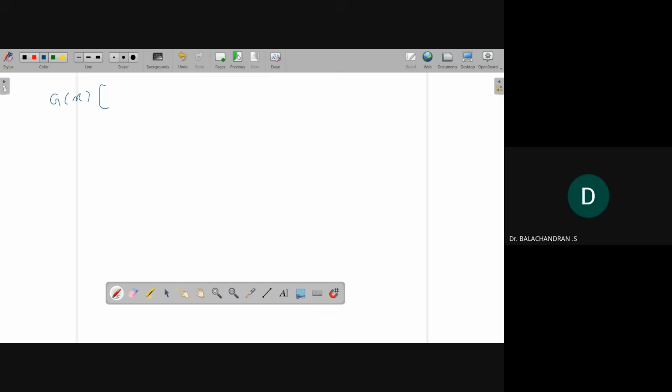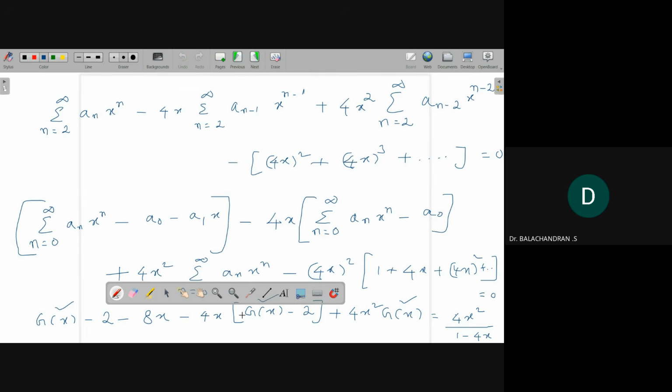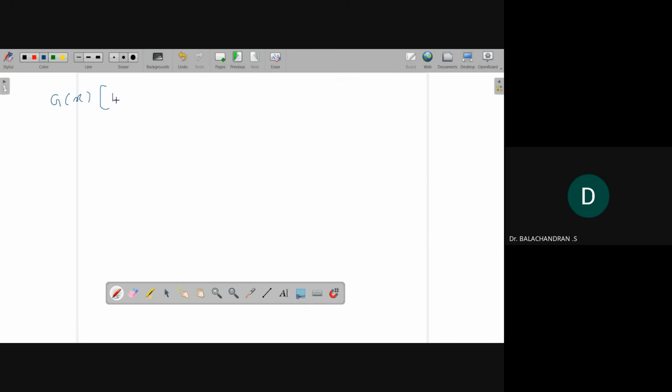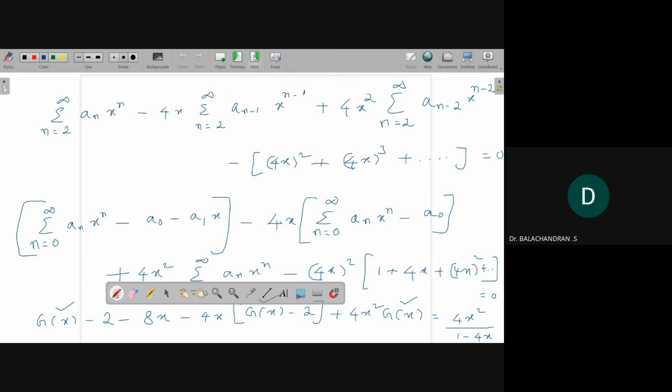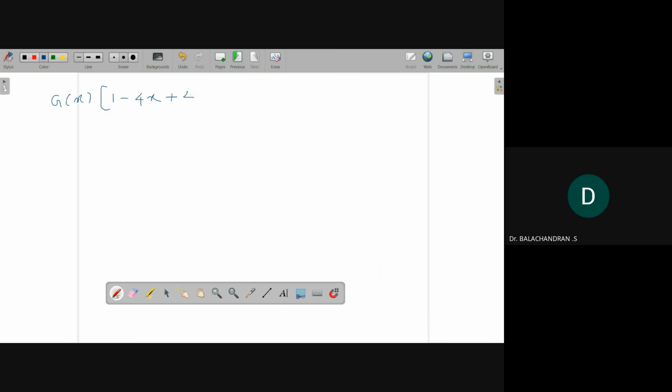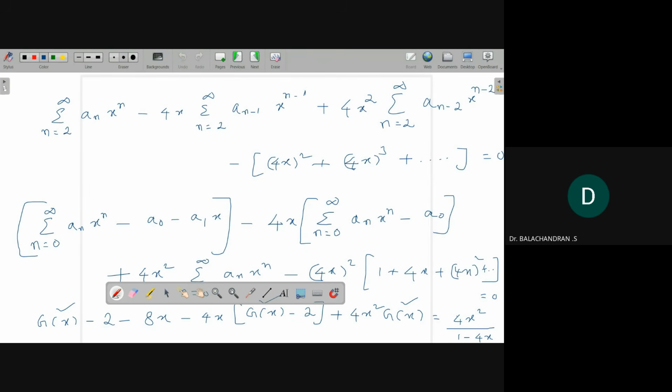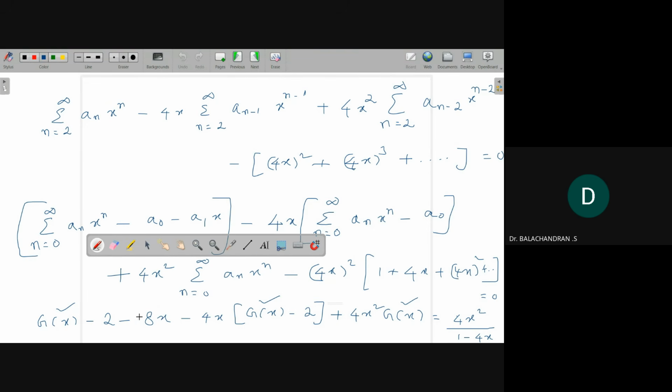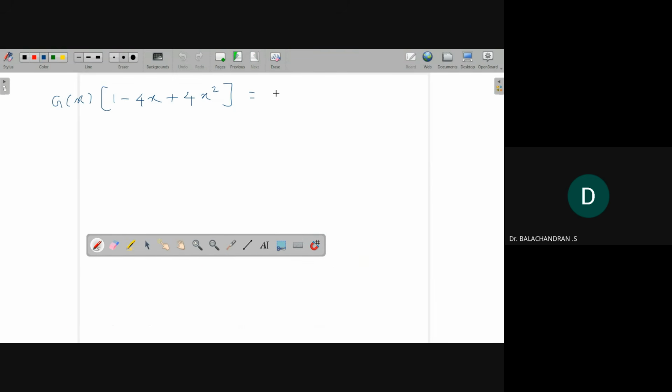G of x into 1 minus 4x plus 4x square. Yes, plus 4x square, yes. So remaining everything I'll write on the right hand side. So here I think you can minus 2. Okay, I'll write minus 2.